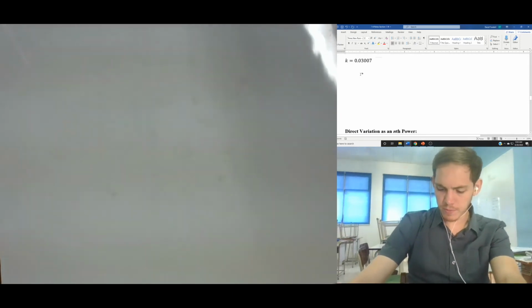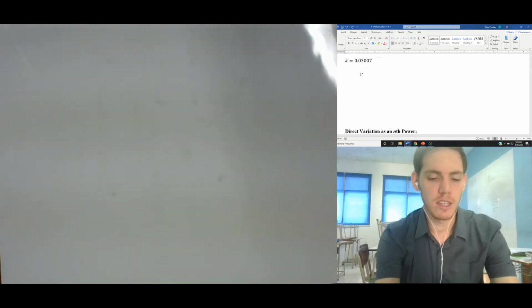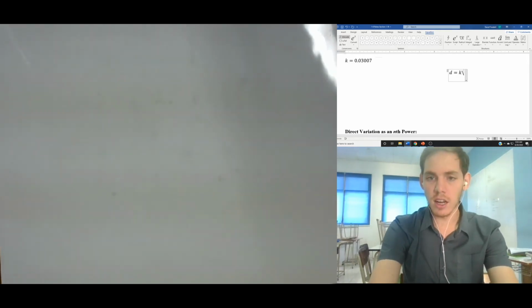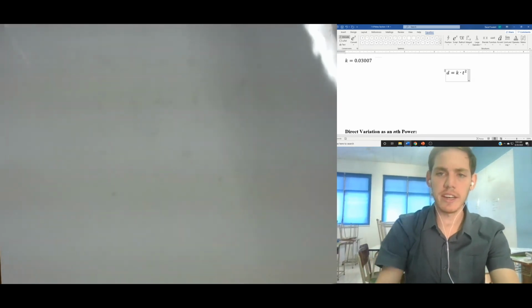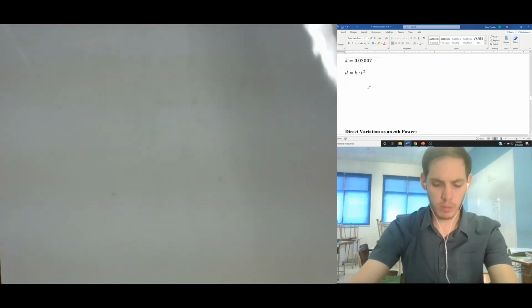Problem 4, simply put, they say the distance a ball rolls down the inclined plane is directly proportional to the square of the time it rolls. So we get distance equals k times the time squared. And what do they give us?